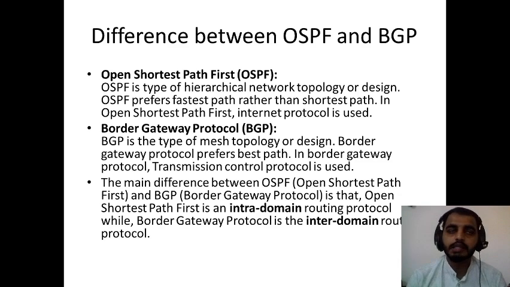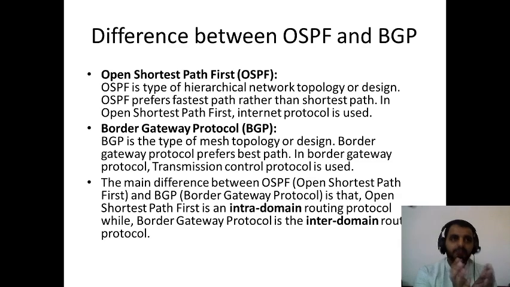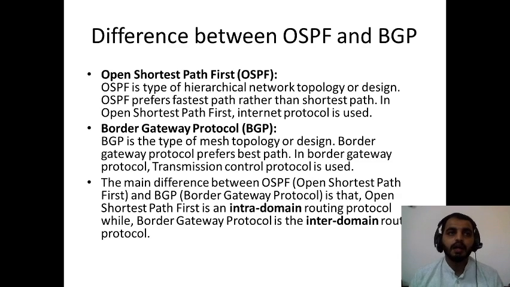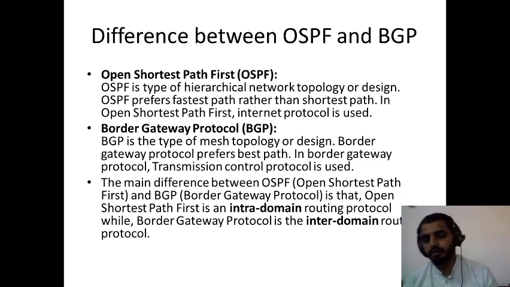Intra means within the fifth semester, inter means across, say, the CSA department. Intra means within the same network; inter means within different types of networks connected in what we call an autonomous system. This is the major difference between OSPF and BGP.